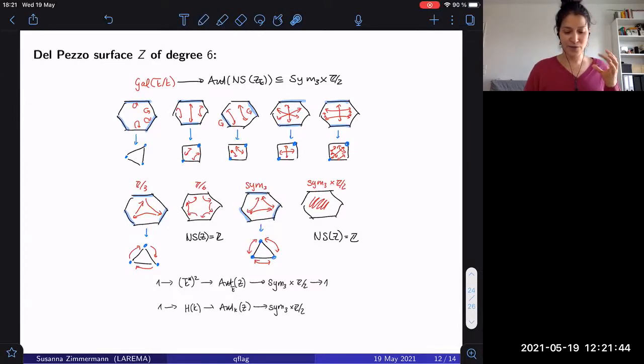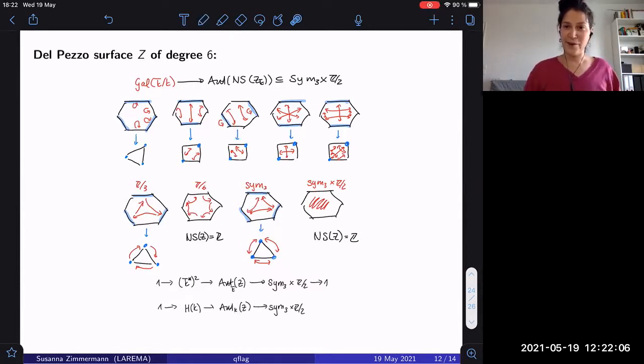Then you need to check which symmetries are actually realized by automorphisms, and you need to check the kernel of that action. The kernel is going to be some subgroup or some form of a torus.